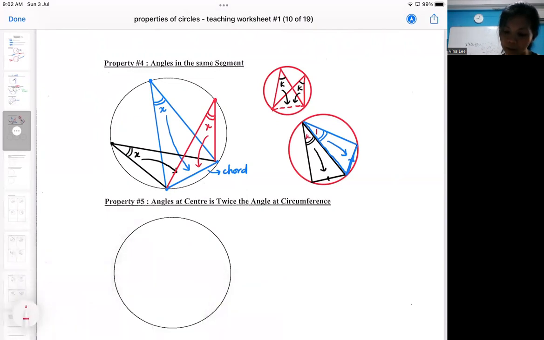It is also angles in the same segment. They are not facing the same chord, but the chords that they are facing are the same length, so that also fulfills this property. Some students never realize that it's actually under angles in the same segment, and it affects a full question.